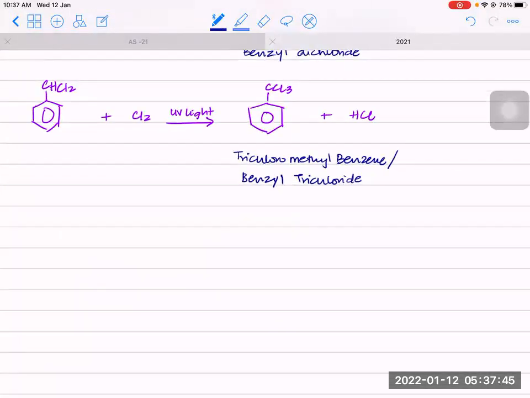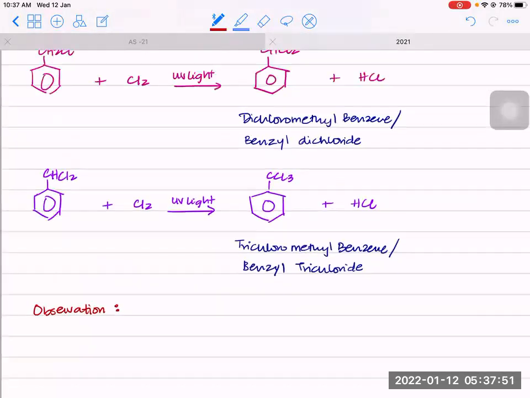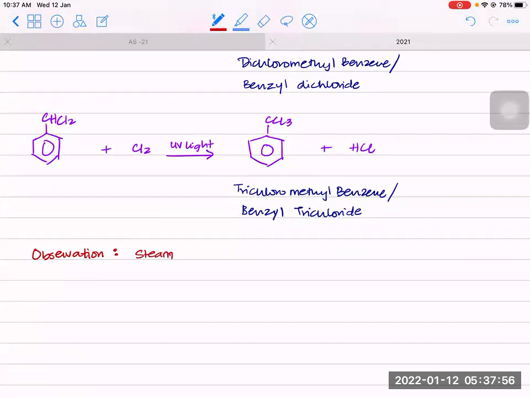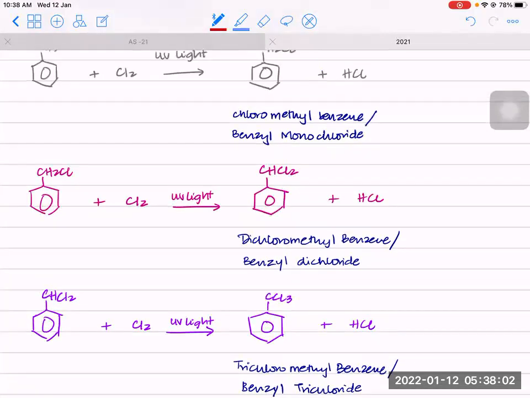Now, what will be your observation for these reactions? You see, you're making HCl here. So you will get what? Steamy fumes of HCl. Now, it's not necessary that you use chlorine.